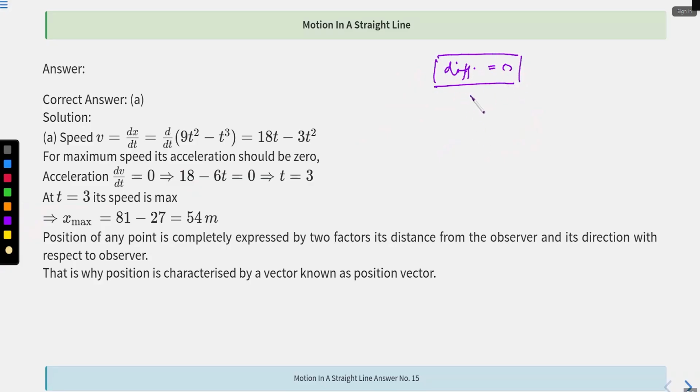Let's say that speed is maximum. That means dx by dt equals 0. I hope you all will be knowing about this curve, right? So the maximum velocity of a particle will be over here.